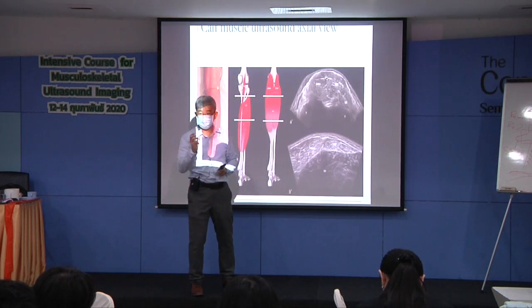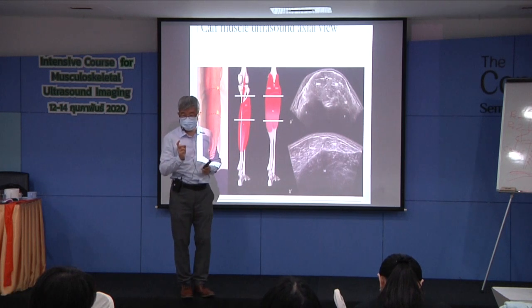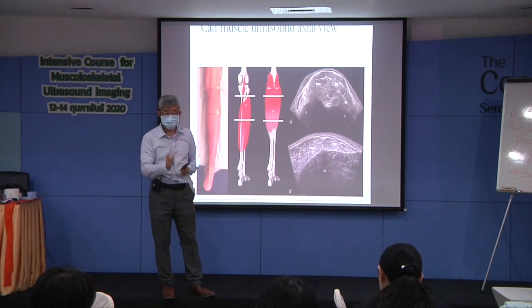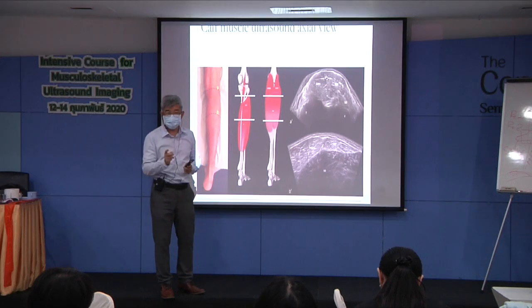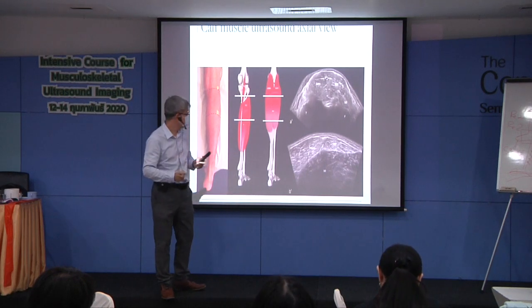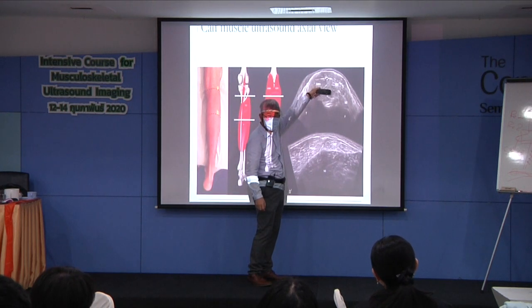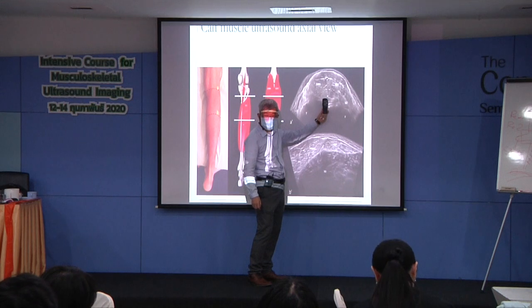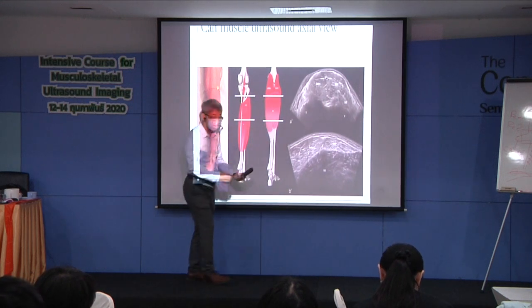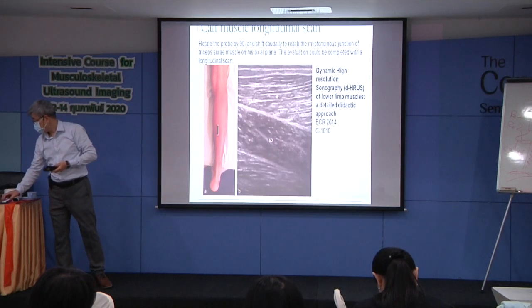That's the practice from the first day. You need to combine what you learned on the first day and the second day. Transverse views, second day. Move down, rotate 90 degrees, first day. And pennation angles.